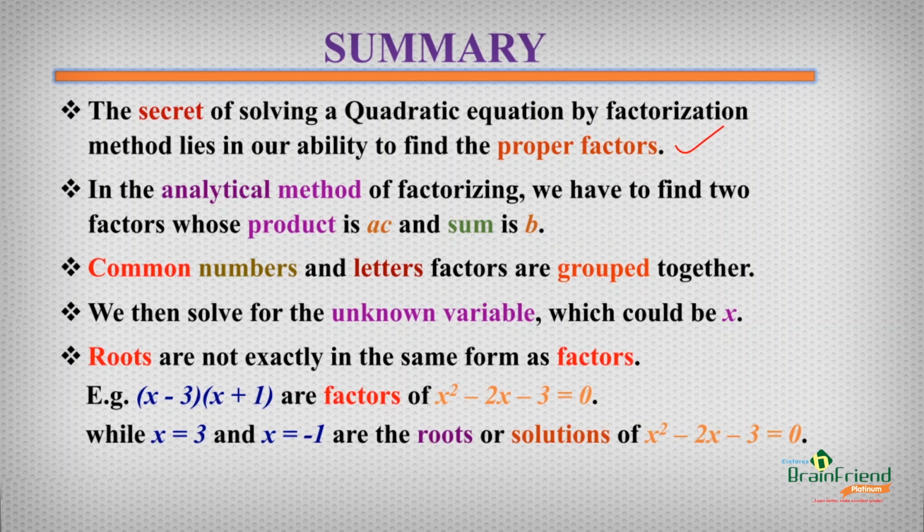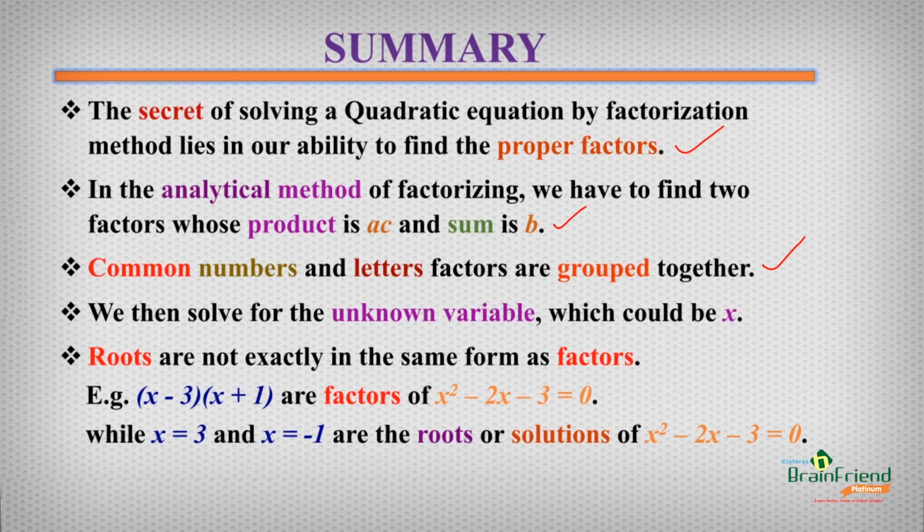We also learned that in the analytical method of factorizing, we have to find two factors whose product is AC and sum is B. Going on, we also learned that common numbers and like factors are grouped together. Next, we then solve for the unknown variable, which could be x. Actually, in our case, it was basically x.